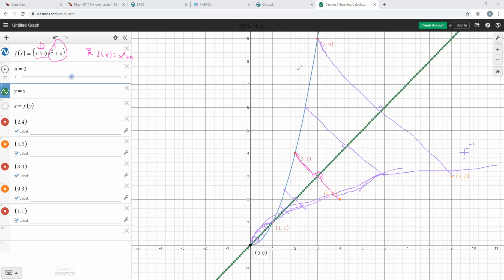The inverse, and this one is f, or f of x. F of x and the inverse of x. Now, what would be the equation of the graph that is the inverse right here?